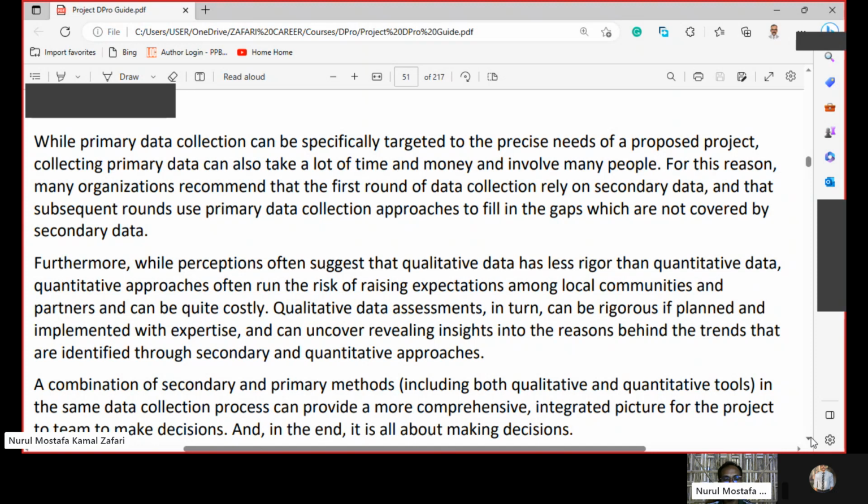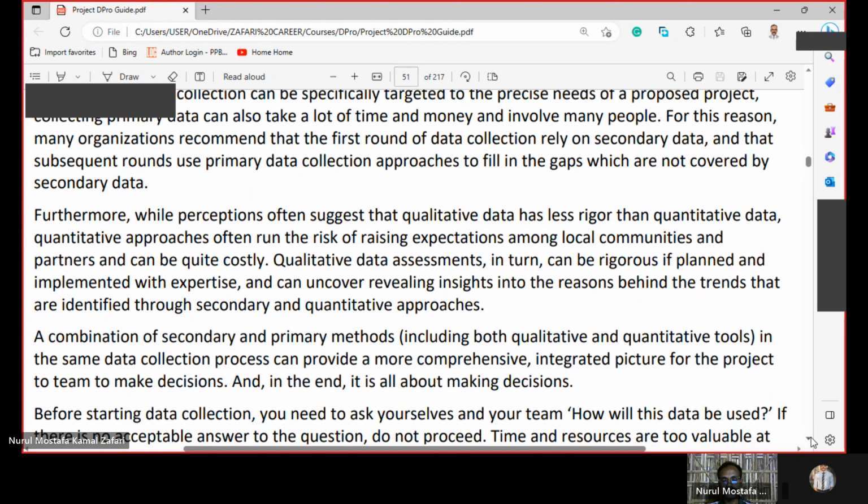A combination of secondary and primary methods, including both qualitative and quantitative tools in the same data collection process, can provide a more comprehensive, integrated picture for the project team to make decisions. And in the end, it is all about making decisions.